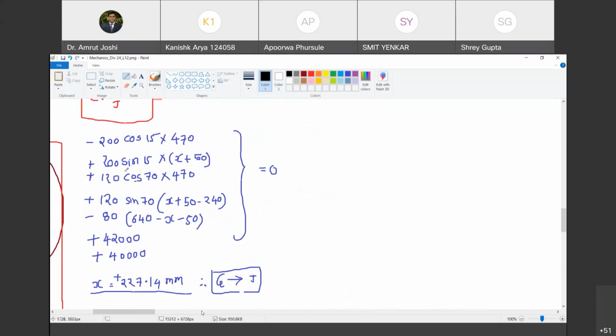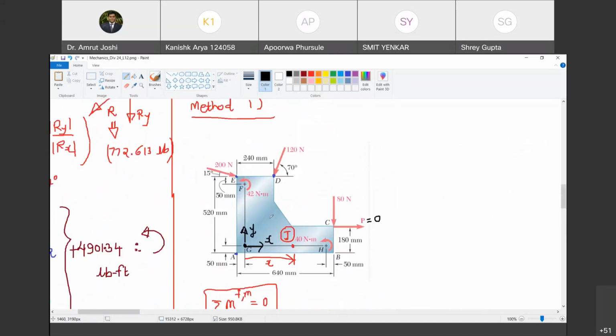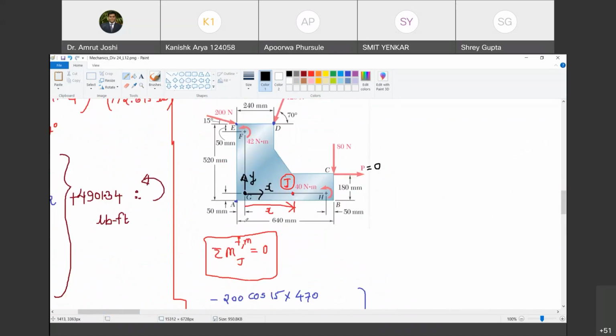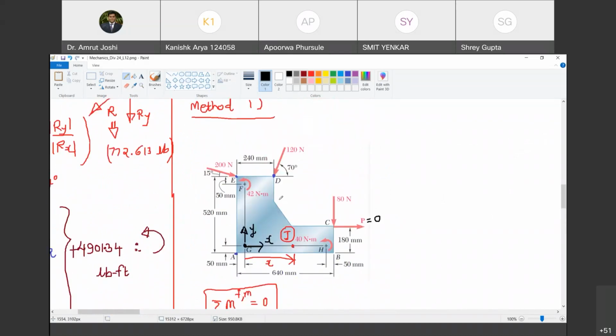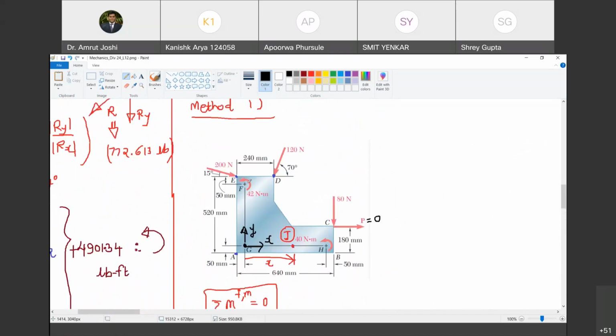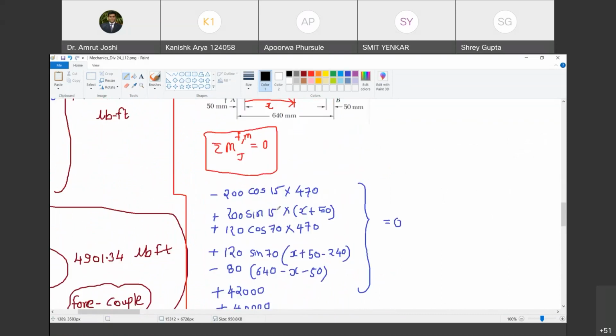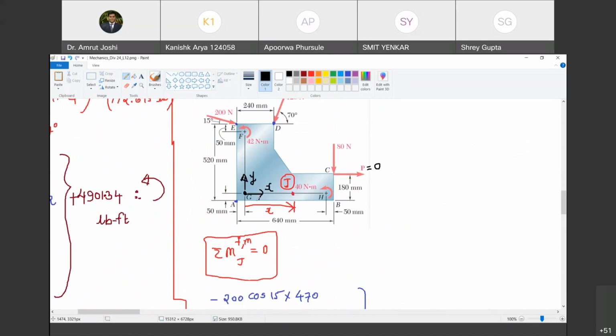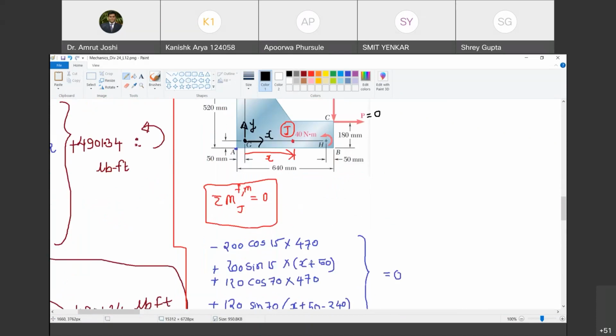Now let us look at these terms. So have we made any mistake here? 200 cos 15 multiplied by 470, 520 minus 50, that is correct. Then 200 sin 15 multiplied by x plus 50, that is also correct.